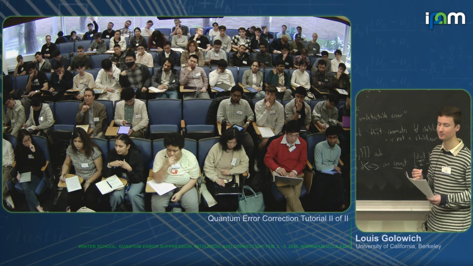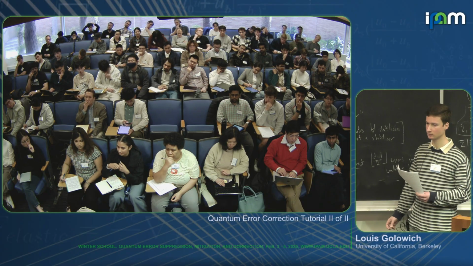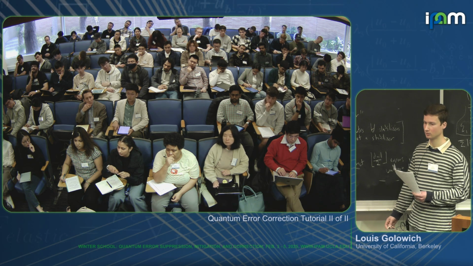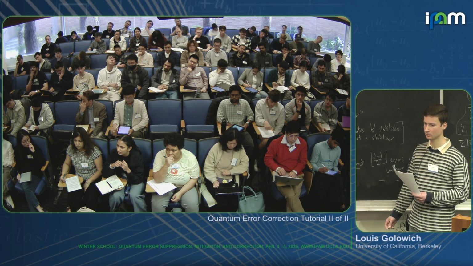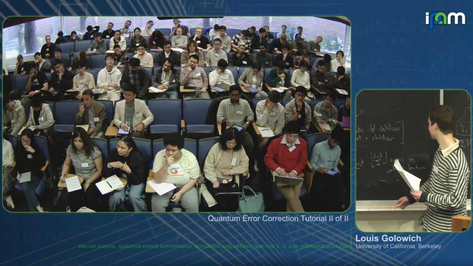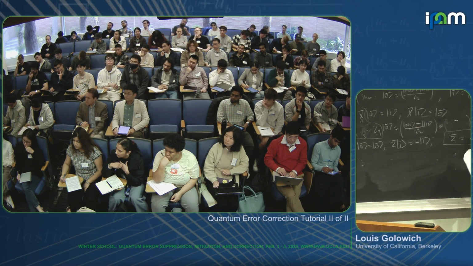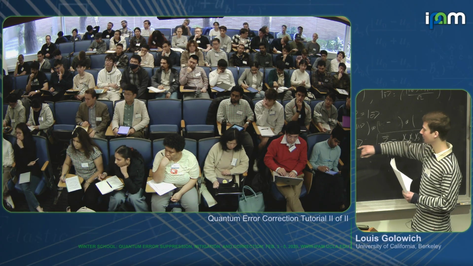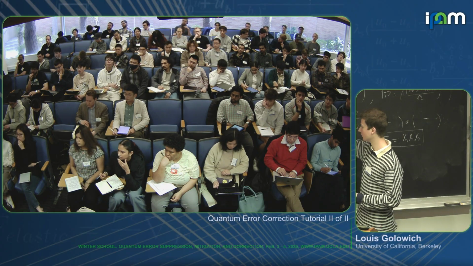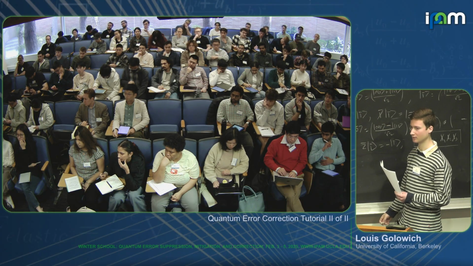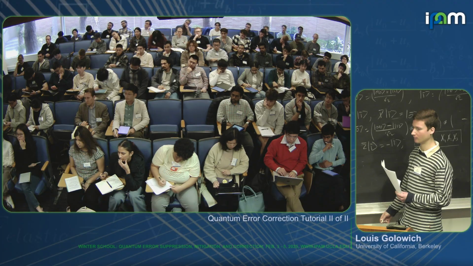Right, yeah. Can you give an example of a Pauli, for example, for the Shor code, that commutes with the stabilizers, but is not a stabilizer? Yes, thanks. So I guess we can claim that this would be an example of an operator that commutes with the stabilizers but is not a stabilizer.